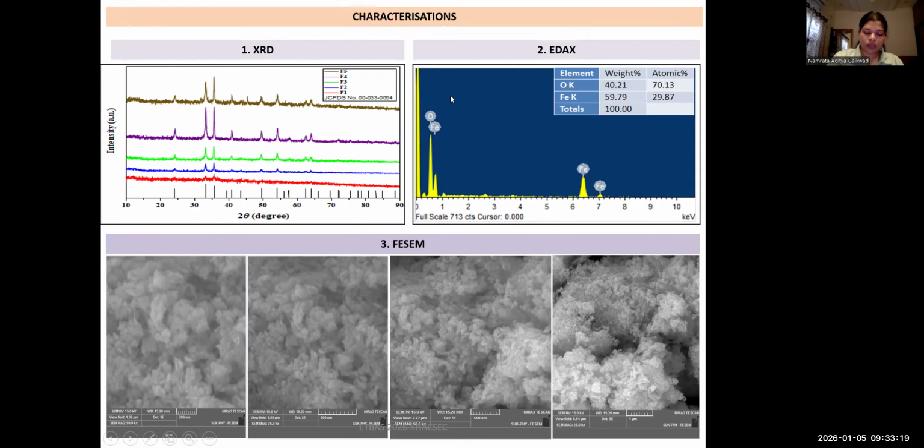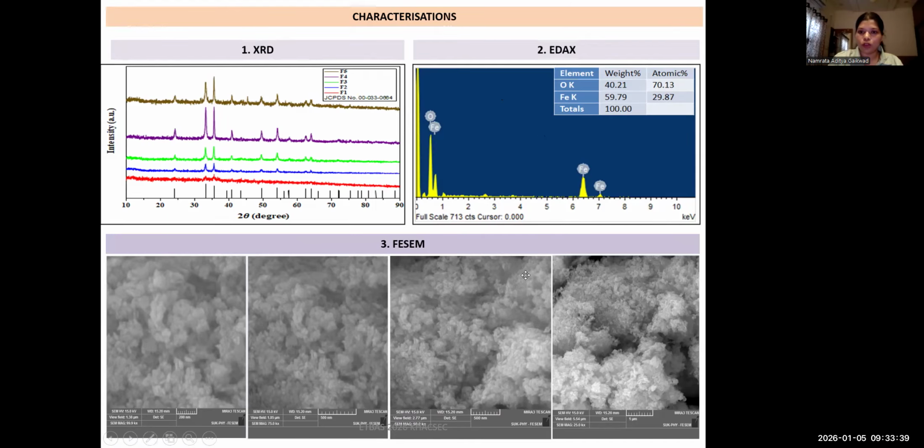Then to check the chemical composition, we performed EDAX, which showed that almost 70% of the atomic weight is oxygen, whereas 29.87% is Fe, which clearly signifies that the Fe2O3 we have synthesized is rich in oxygen.